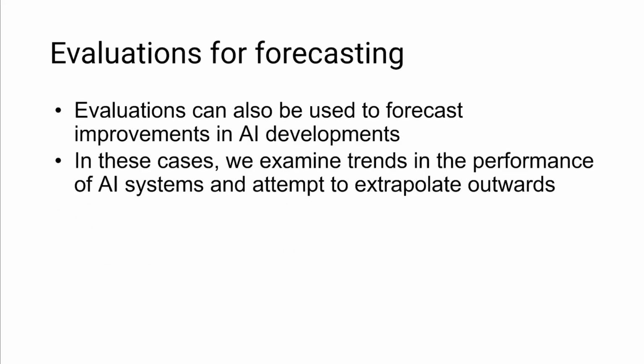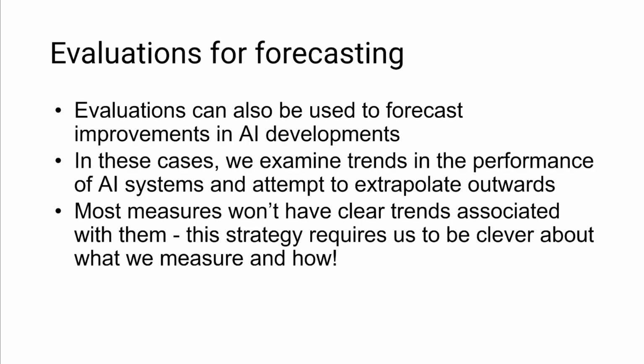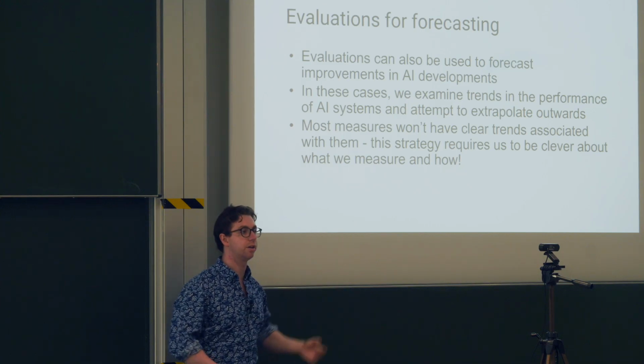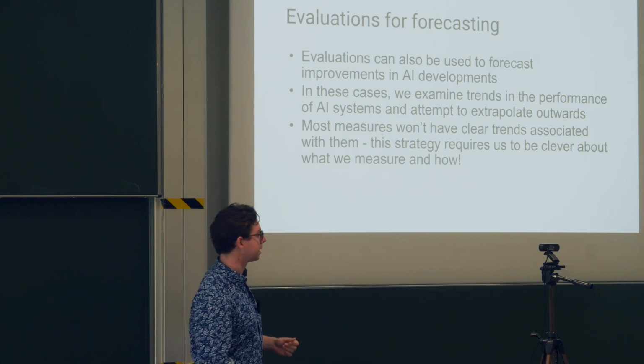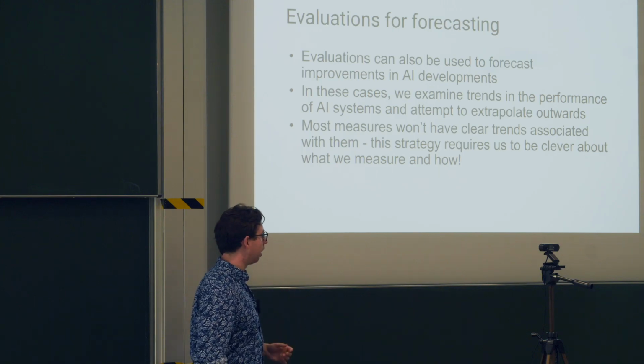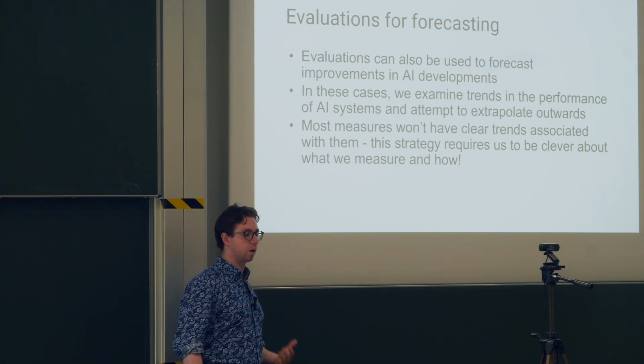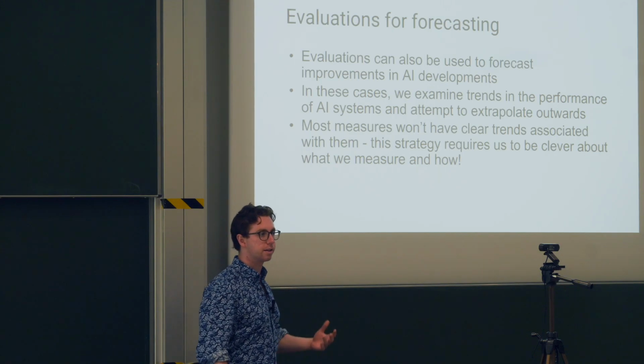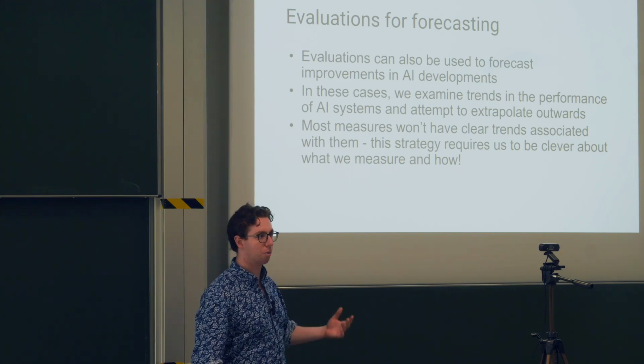You aren't going to get any particularly interesting or clear trends. You'll just get monotonicity, right? Which just means that you just go up over time. And we saw earlier, when I was talking about emergent capabilities in models, that for a lot of things that you would want to measure, there's no clear trend around model performance.